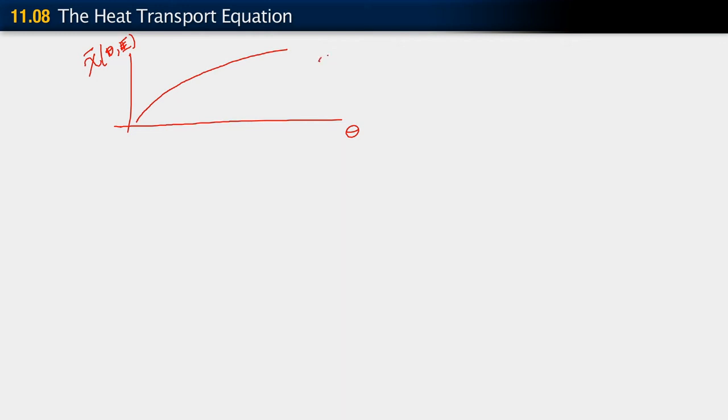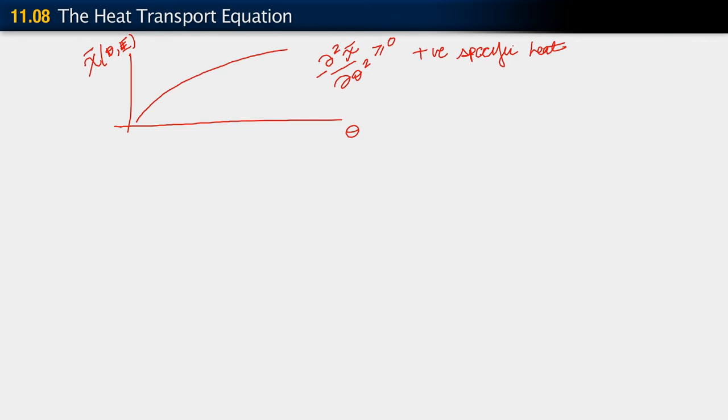So what this implies is that the second partial derivative of chi bar with respect to theta, with a minus sign, is greater than or equal to 0. Okay, so if the Helmholtz free energy has this type of dependence with respect to temperature, we have a positive specific heat. Okay, right?